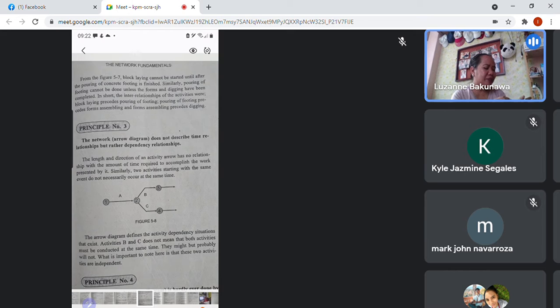So the length and the direction of an activity arrow has no relationship to the amount of time required to accomplish the work represented by it. So these nodes here, it is possible that the sequencing of your activities can be jumbled, unlike in the example of the bar chart.